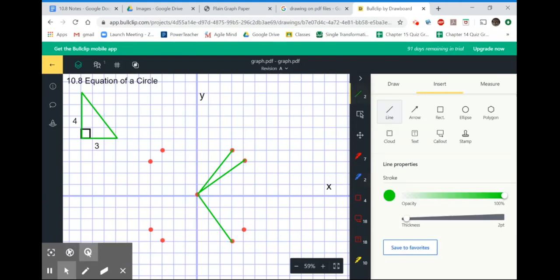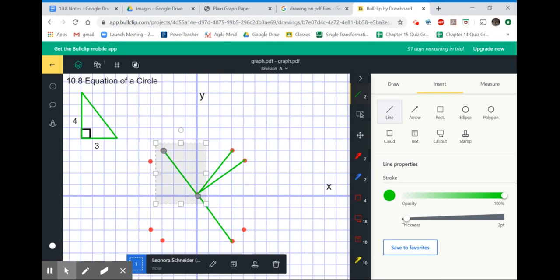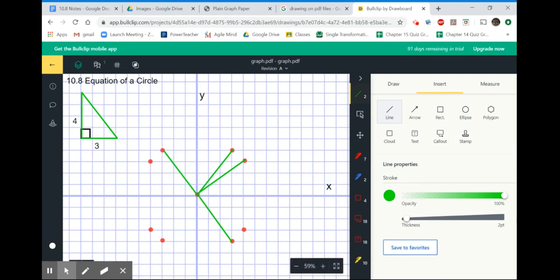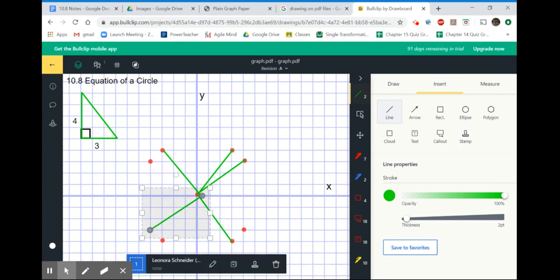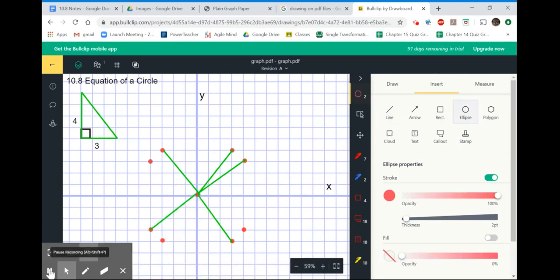All right, so we figured out that each of these green segments have to be 5 because they make a 3, 4, 5 triangle. So we know that this green segment is 5 no matter which of these points I connect with 0, 0.